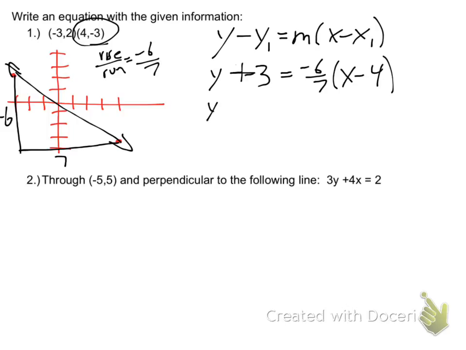And I have to distribute. So y plus 3 is equal to negative 6/7 x plus 6 times negative makes a positive, and 6 times 4 is 24/7. And of course, I think we all should agree that you're going to subtract 3 from both sides.